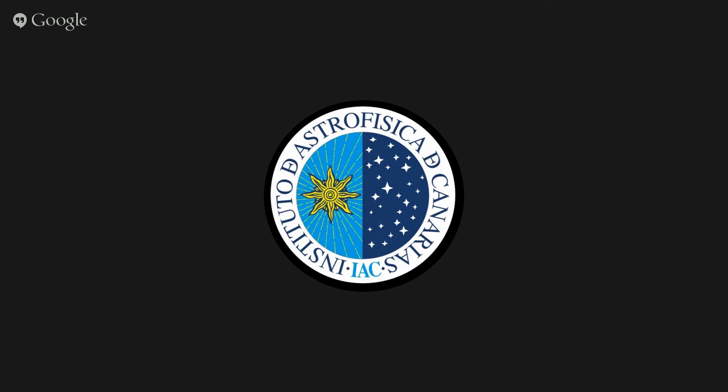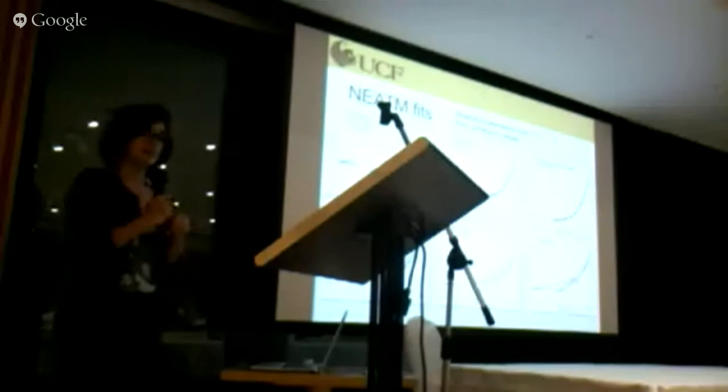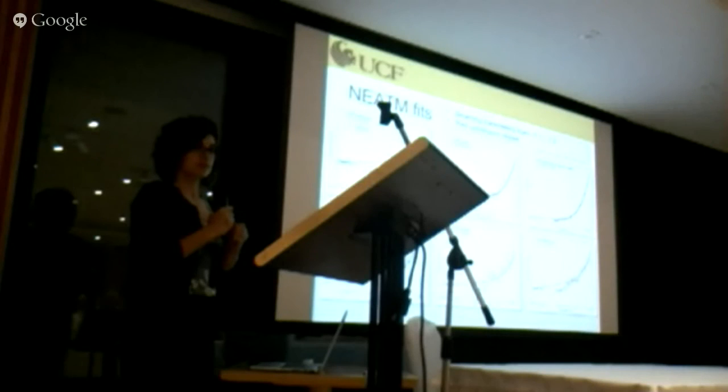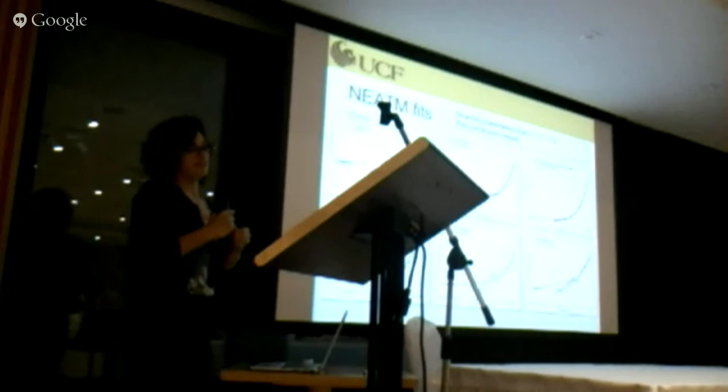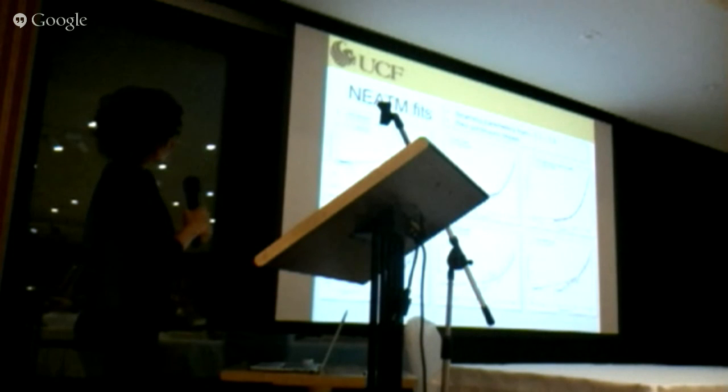I'm sorry, can you repeat what you said about the visible? So the problem we've always had with hydrated minerals and iron metal together on the object is that if you have hydration happening, you're going to make iron oxide. And we would see that in the blue part of the visible spectrum, and that's not present here.